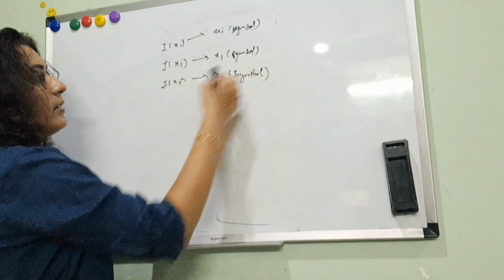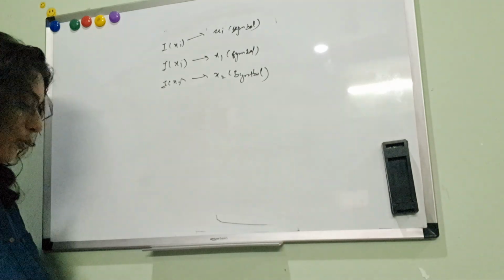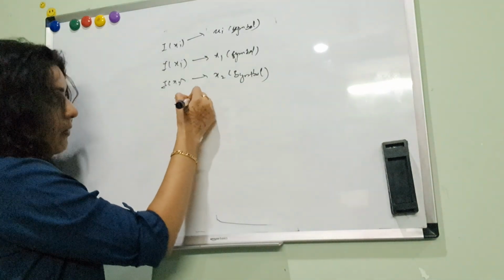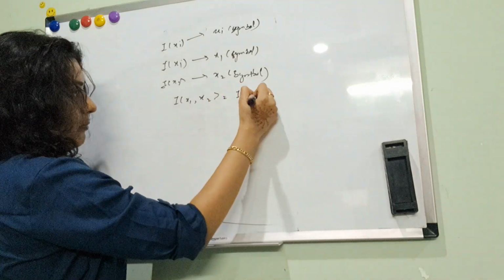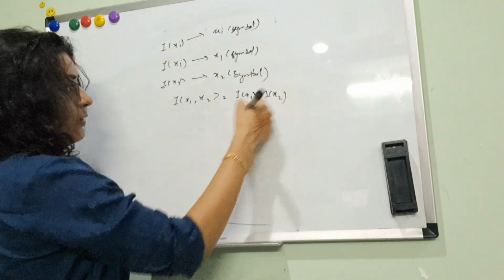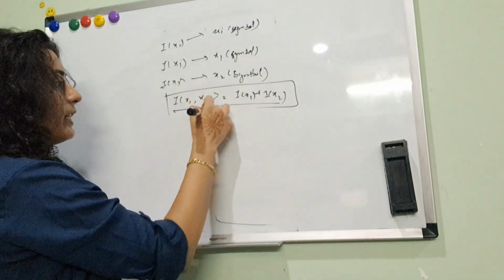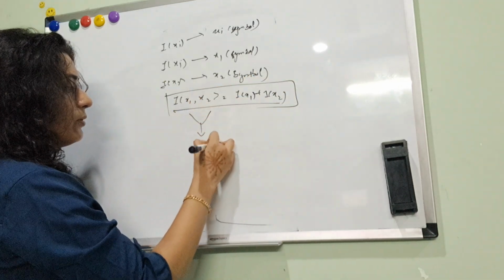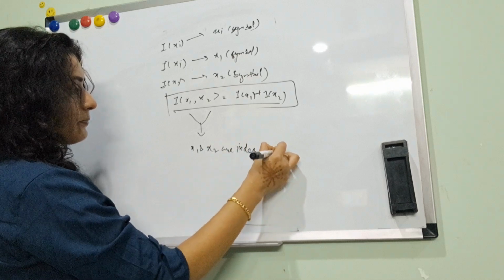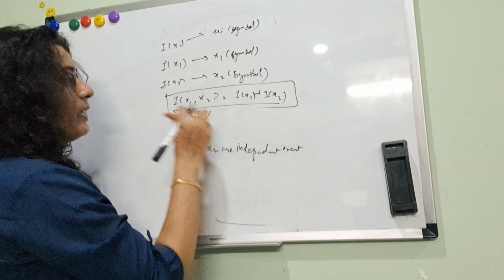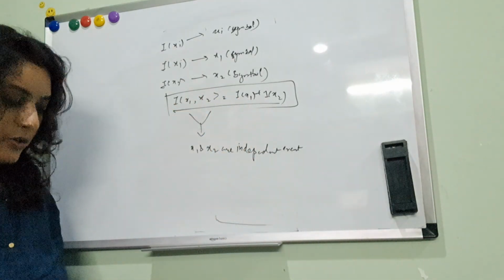This is given in a particular question. So what we have to prove is that I(x1x2) equals Ix1 plus Ix2. The point to be noted here is that we can prove this only if x1 and x2 are independent events. They must be independent events, so that we can prove this expression.